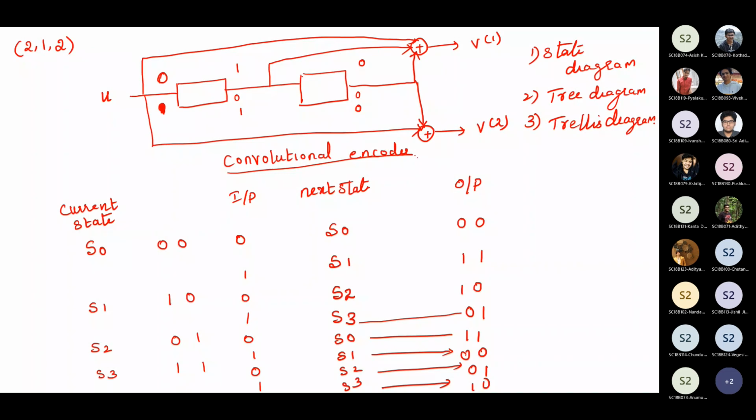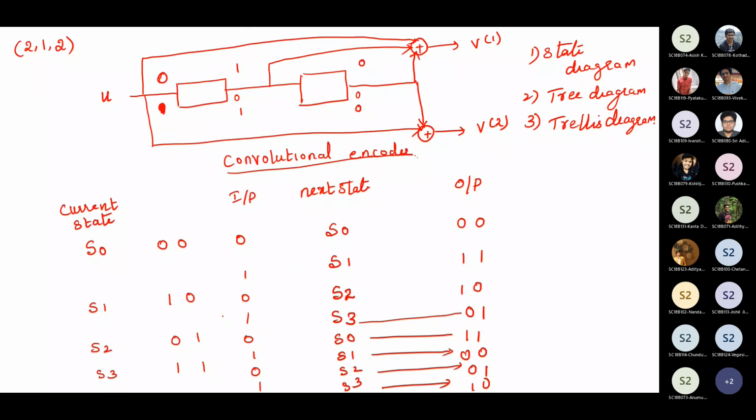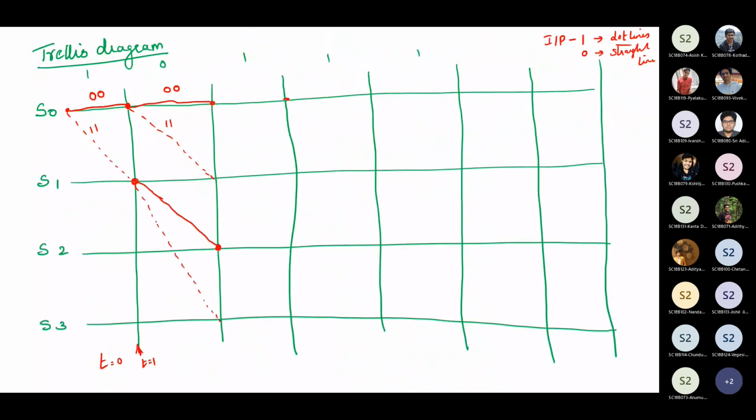So 0 goes to S2, a straight line, and 1 goes to S3. From S1 the outputs are 1, 0 and 0, 1. So at t equal to 2 we have all these states.